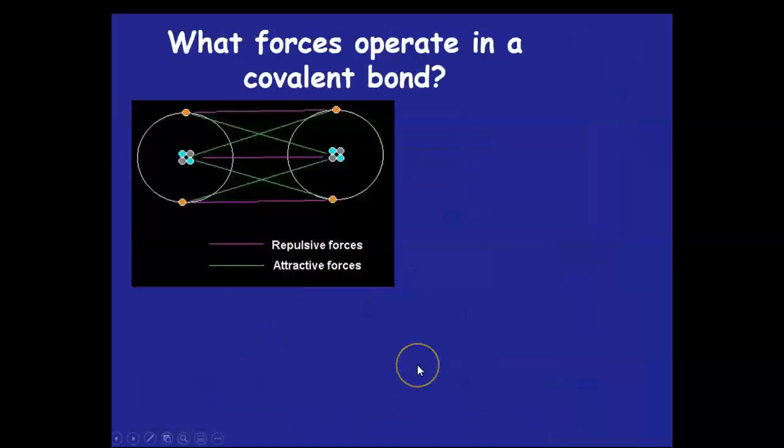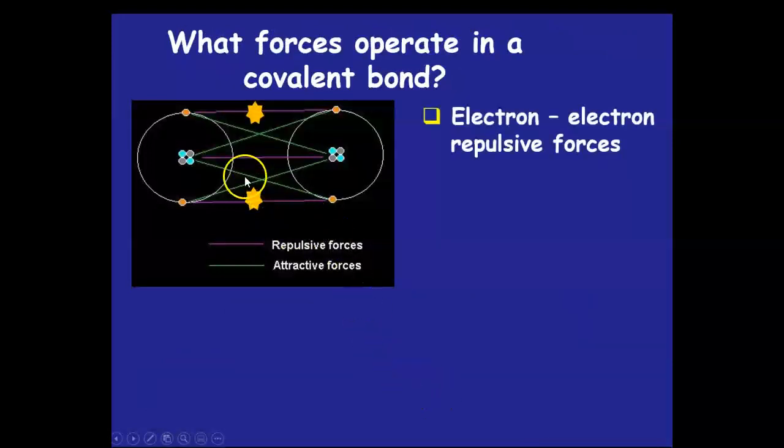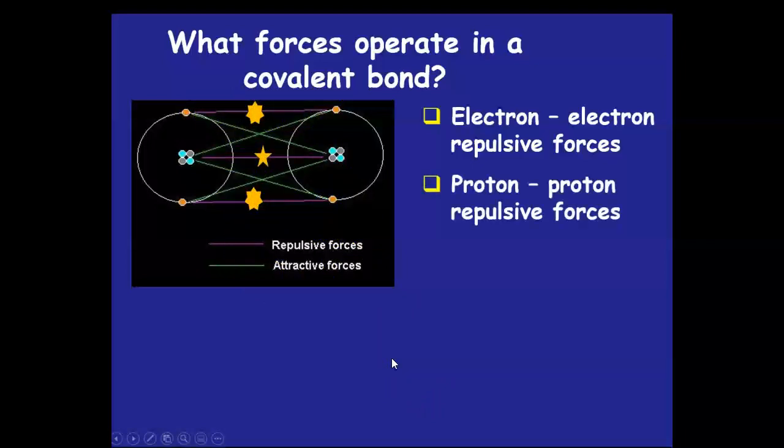So what forces are operating in a covalent bond? Well, you've got repulsive forces and attractive forces. You've got electron-electron repulsion going on here. We're just looking at 2 helium atoms. And you've got proton-proton repulsion from the nuclear interactions.